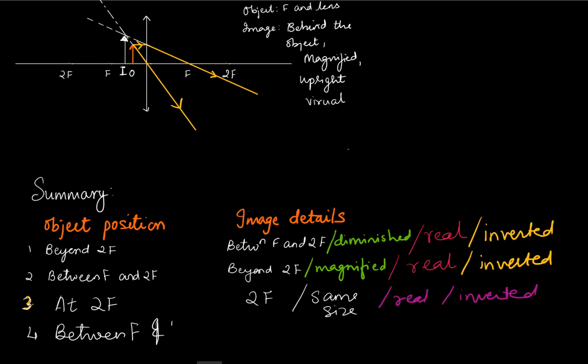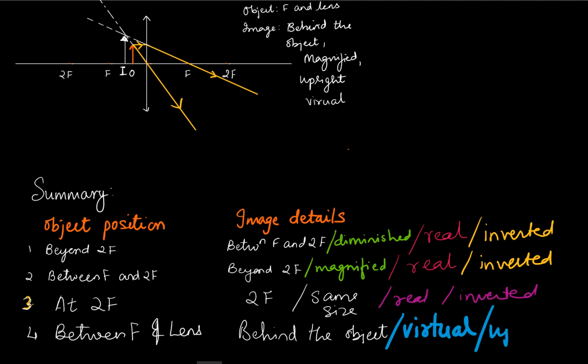So if it is between F and the lens, it's going to be on the same side, or you can say it is behind the object. Next is, it's going to be virtual in this case. So it's not real, it's virtual. Remember, in all the four constructions, this is the only virtual one, and it is going to be upright.